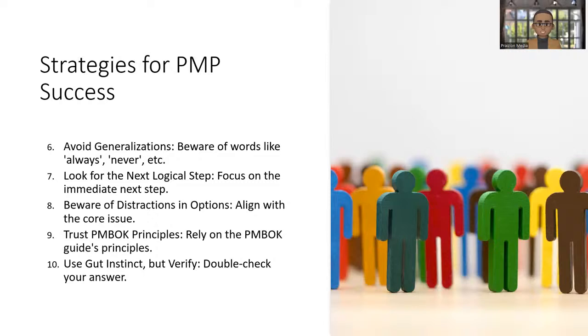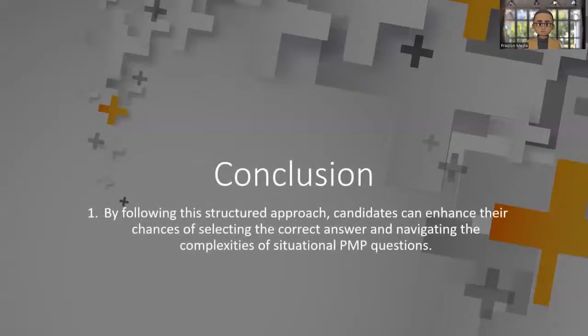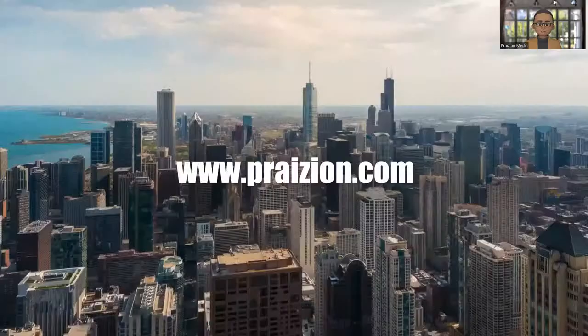A gut instinct can be very helpful. The great Jack Welch, he said it well, go with your gut. And finally, my friends, by following this structured approach, you can enhance your chances of selecting the correct answer and navigating the complexities of situational PMP questions.